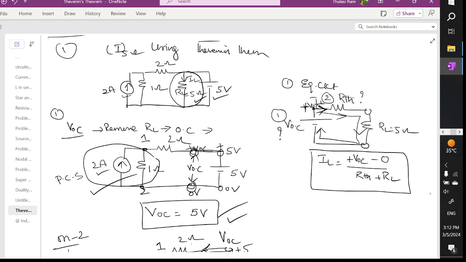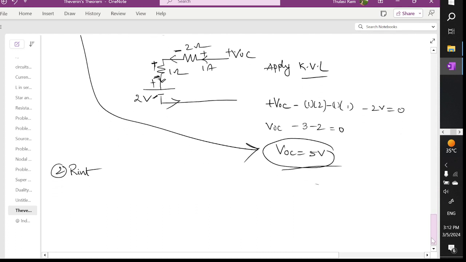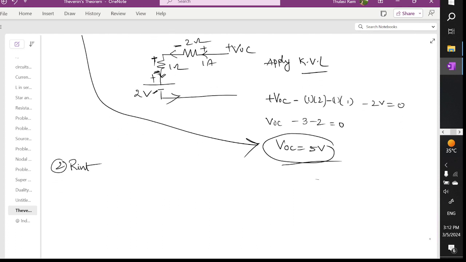When you draw the equivalent, the current source becomes an open circuit, and here you are going to have a 1 ohm resistor and a 2 ohm resistor, and this is open circuit. Here you require the Thevenin's resistor, and here a voltage source is there.